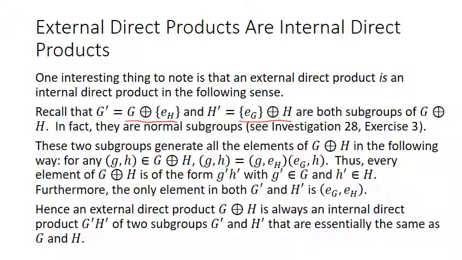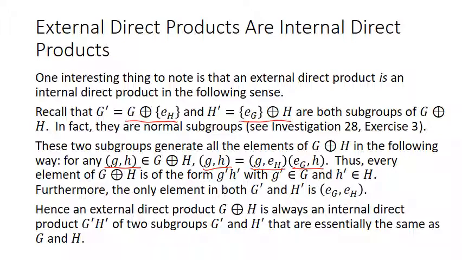So you might see it as a homework problem. These two subgroups actually generate all of the elements of the external direct product in the following way. If you have any element, any ordered pair like that, (g, h), in the external direct product of G and H, you can write that ordered pair as (g, identity from H) times (identity from G, h), and if you multiply those together, you will just get (g, h).